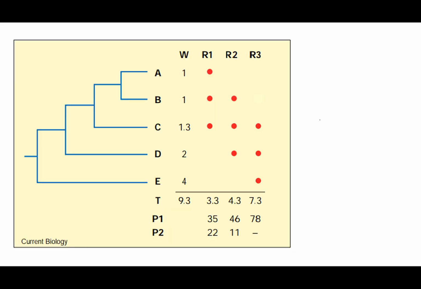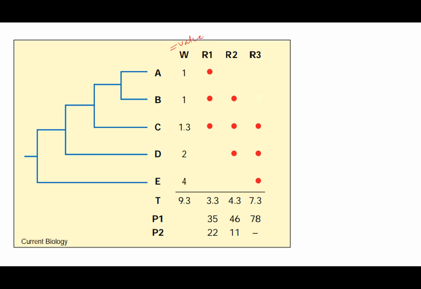So what I want you all to imagine here is that we have a phylogeny of species A through E, and what these values represent, we've got W, which is a weight score. That weight score really is just a measurement, and this is assigned beforehand, of some kind of value.